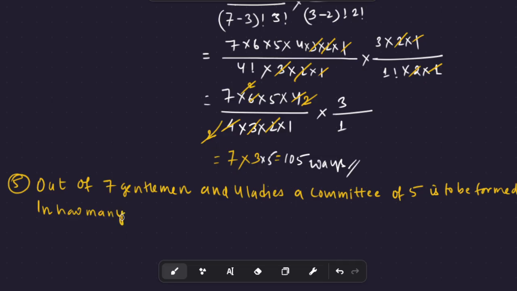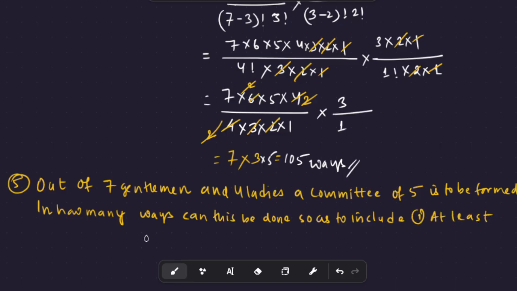In how many ways can this be done so as to include first, at least one lady, second, at most one lady.